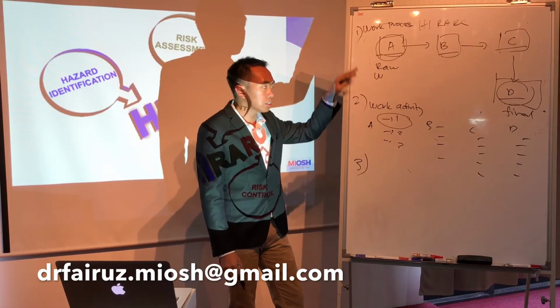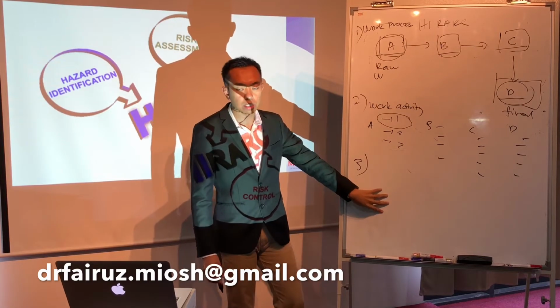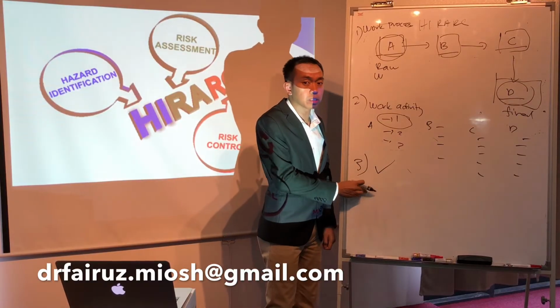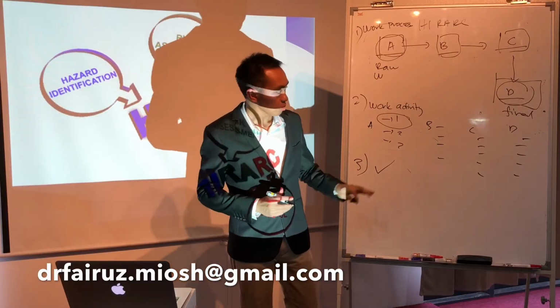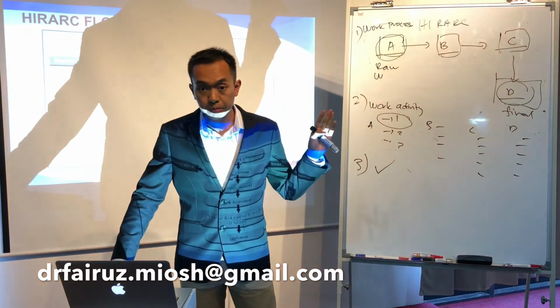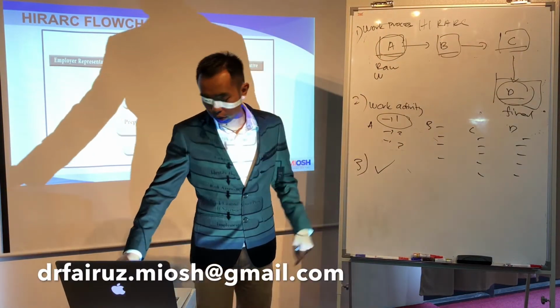You look at whether any hazards occur or not at their work activities. This is very important because we need an experienced person to evaluate and identify the hazard. So this is the basic concept. First we do the work process, and then work unit, and then work activity.